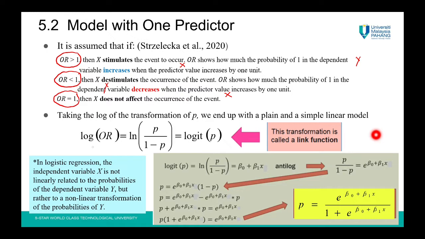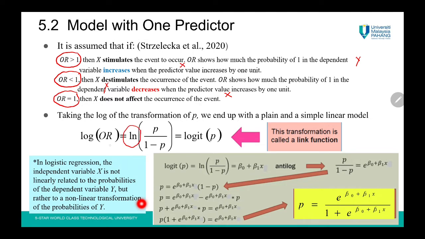By taking the log of the transformation of P, we will get a simple linear model. In this case, the log is the log base e, that is ln.